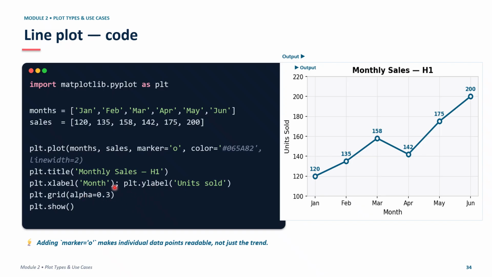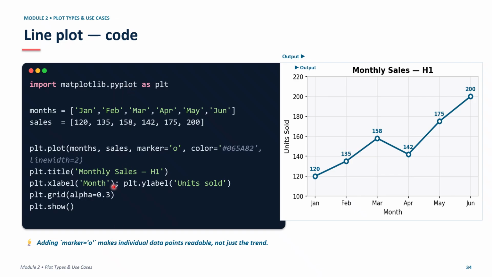The grid alpha value is given as 0.3, which means a very subtle grid. 0.3 is 30%. I wanted it to be subtle, just visible enough to help trace the values, not so visible that it distracts. And then plt.show will help me to display the chart.